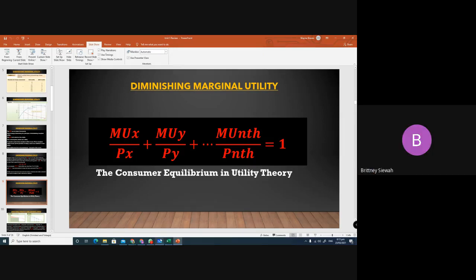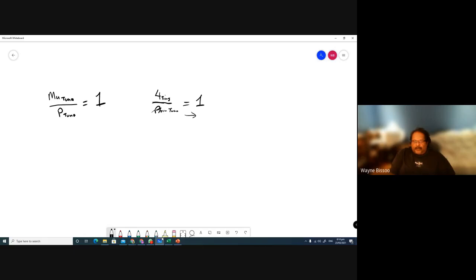So when we go to this situation here, the MU of good X over the price of good X, plus the marginal utility of good Y over the price of good Y, plus the marginal utility of good Z over the price of good Z, dot, dot, dot, plus the marginal utility of the nth item over the price of that nth item.